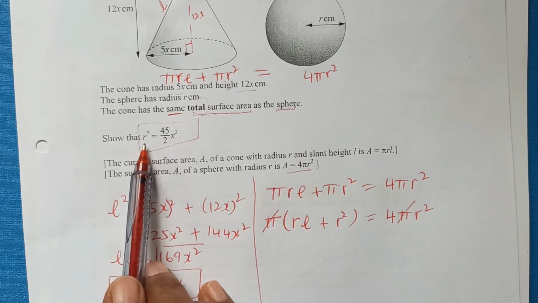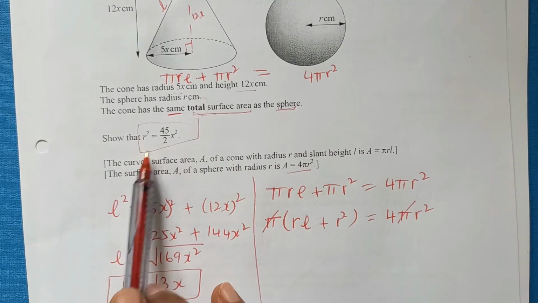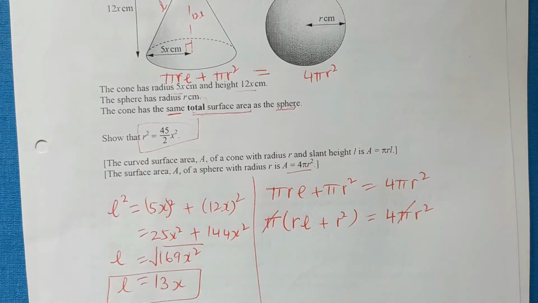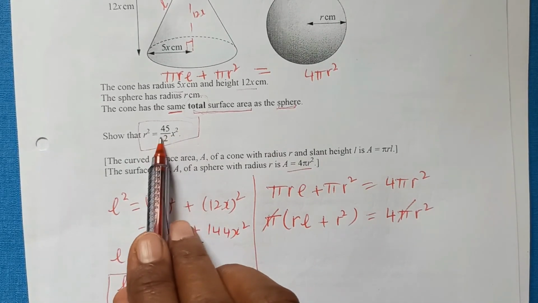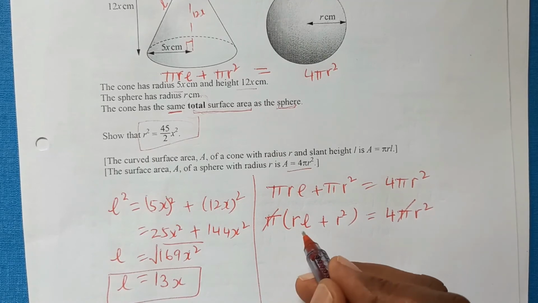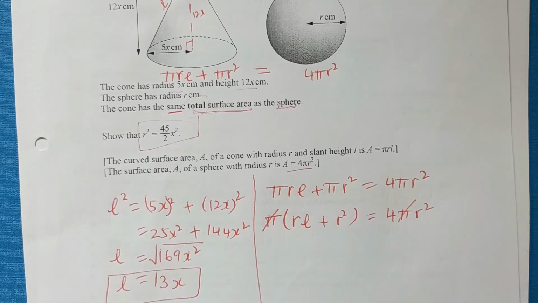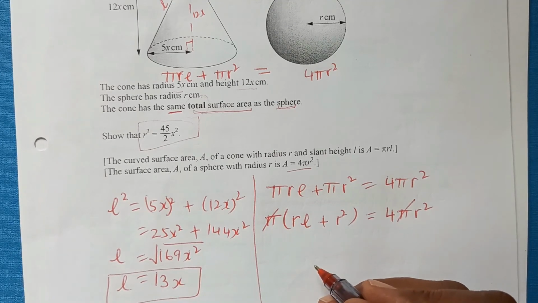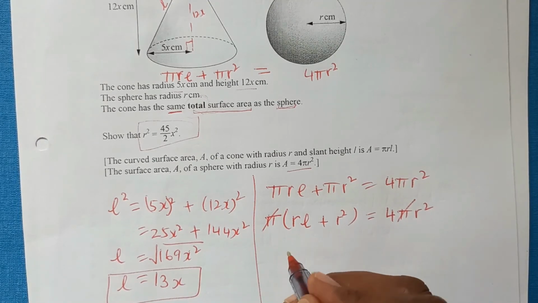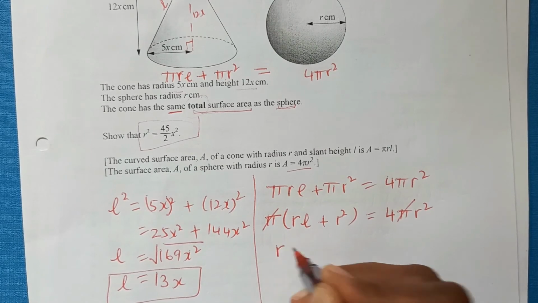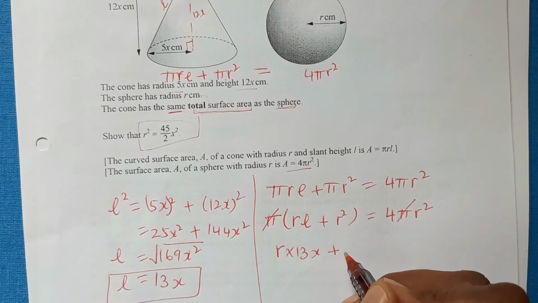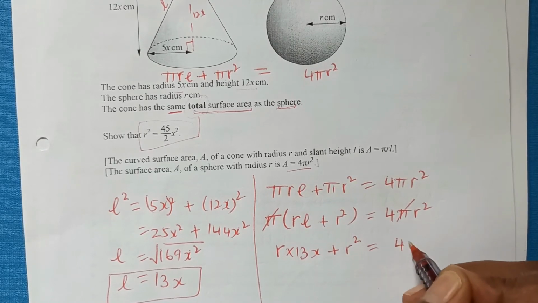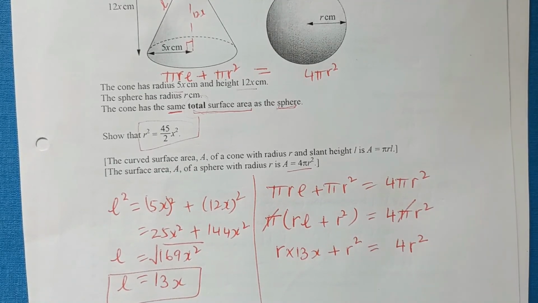It should be concluded to this equation. For that, you can see we have this value only in x, so we have to substitute the value of L. So r is here r, and L is 13x, plus r squared equals 4 r squared.